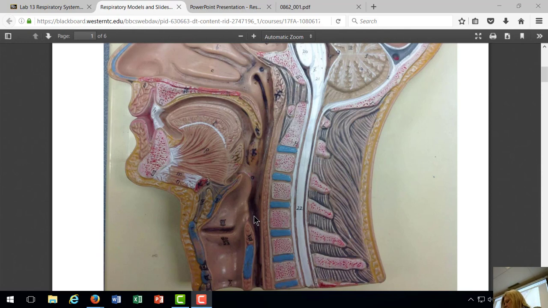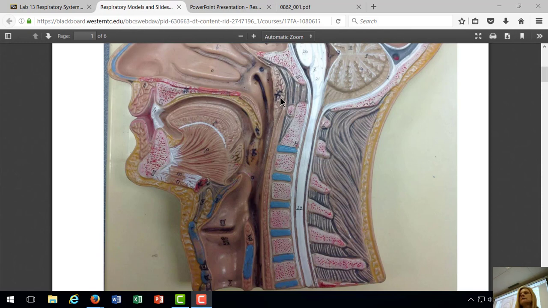So there's a couple of structures to know inside the nasopharynx and the oral pharynx. We'll go back up to the nasopharynx, which starts here and comes all the way down. We have a cluster of immune tissue, lymph tissue, and this is one of our lymph nodes. This is called the adenoids. Another name for those is the pharyngeal tonsils.